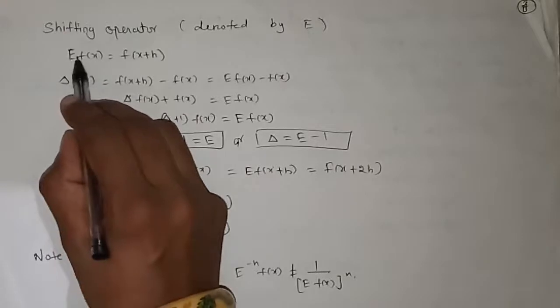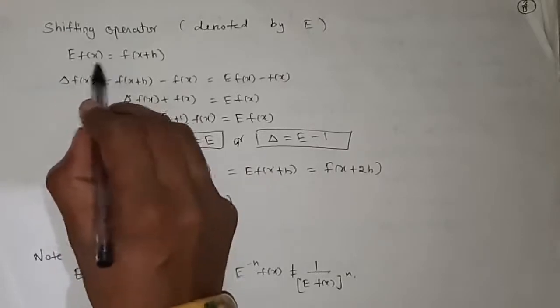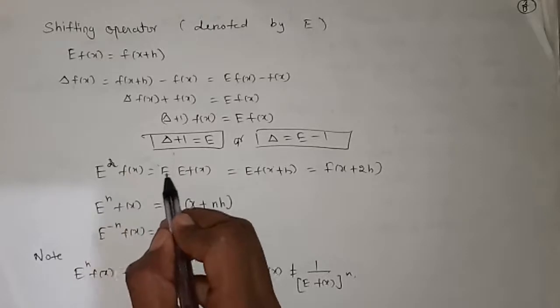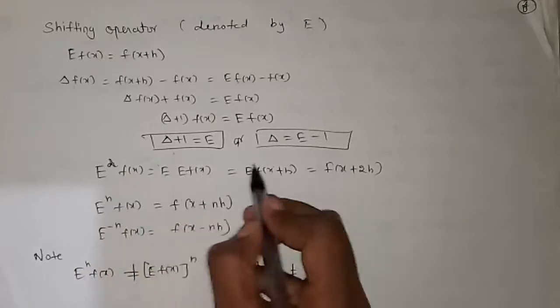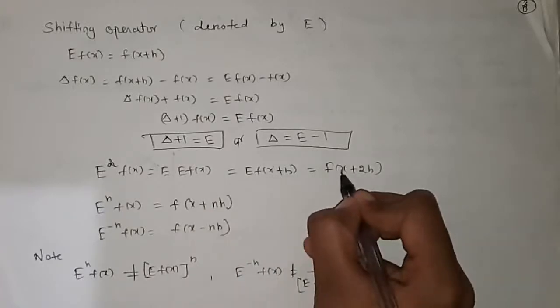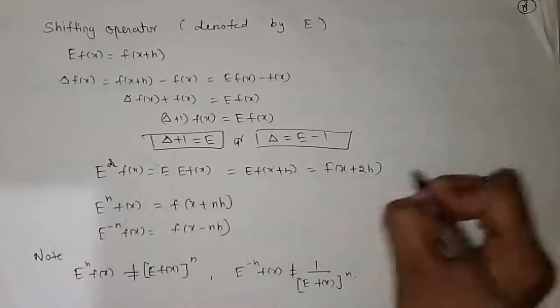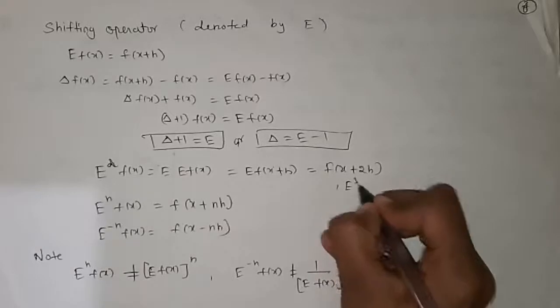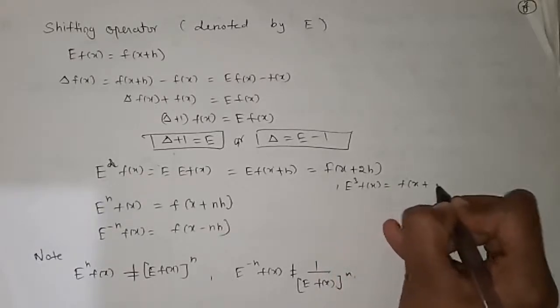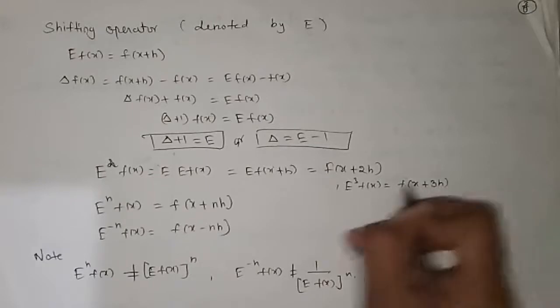So if we have E f(x), then E will shift our f(x) to f(x + h). Similarly, if we have E² f(x), then this E will shift f(x + h) to f(x + 2h). If we have E³ f(x), then our f(x) will shift to f(x + 3h).